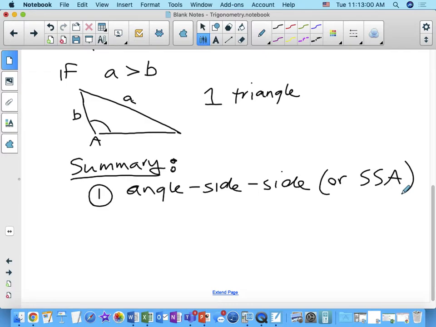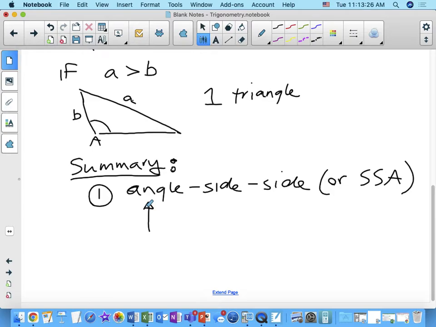What else? Well, what type of angle does that have to be, if you could have the ambiguous case? It has to be acute. If your angle is obtuse, you will not get the ambiguous case.